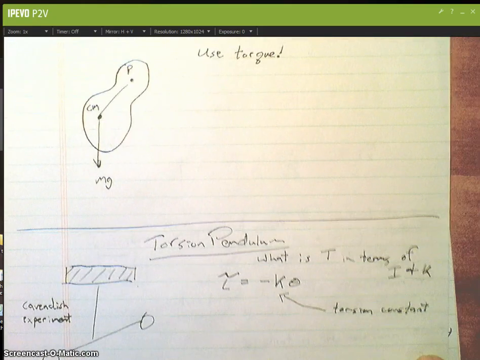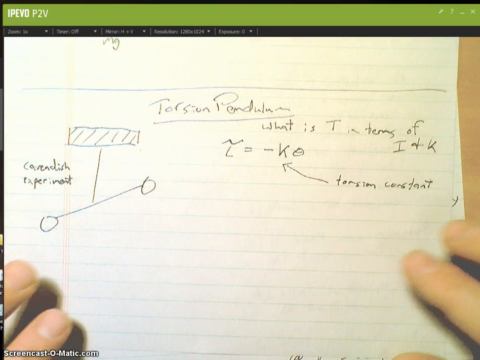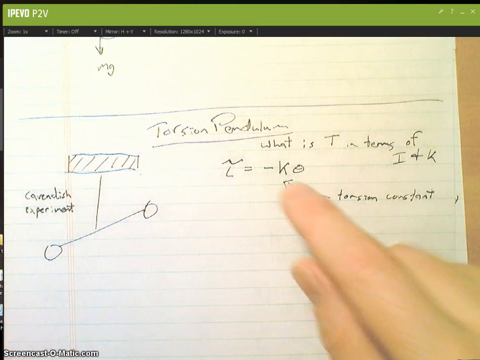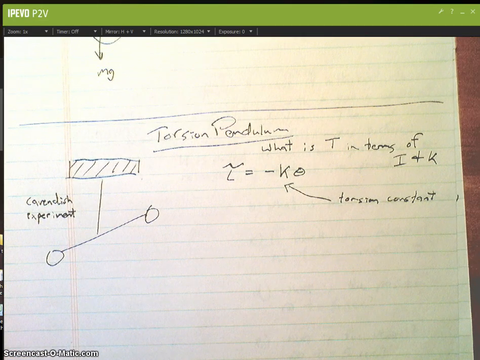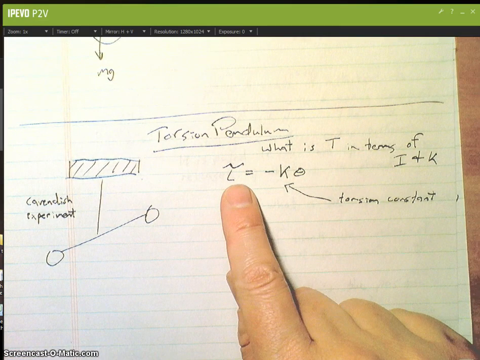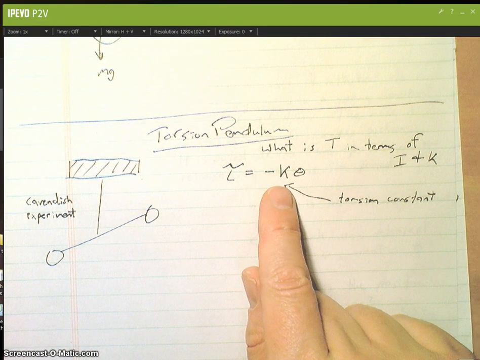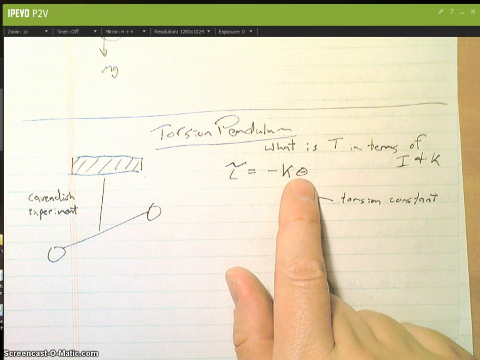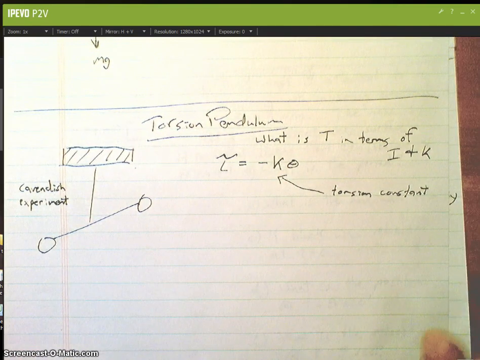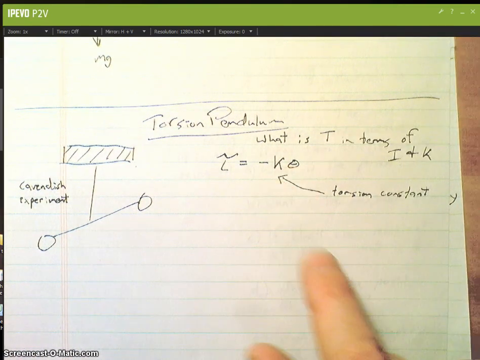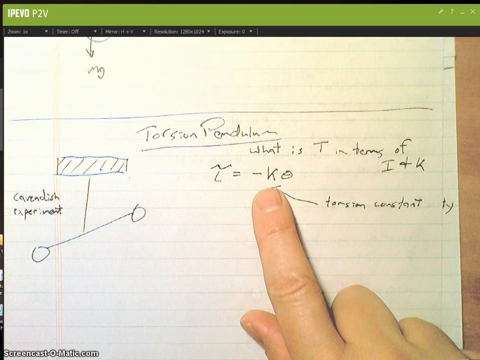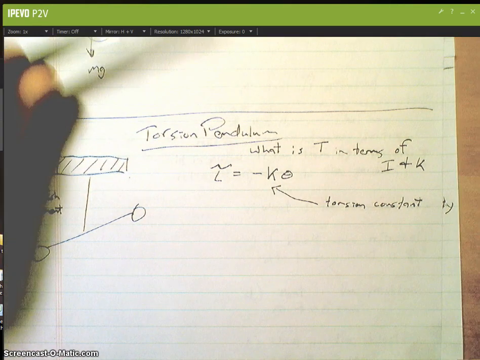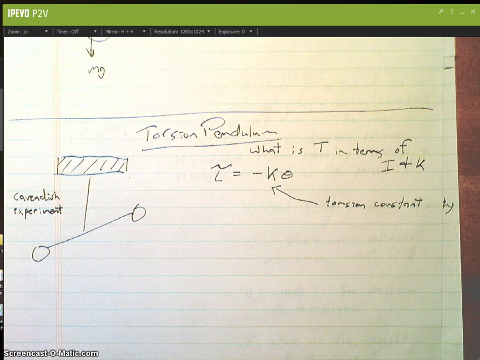And here's the second situation, a torsion pendulum. Find the period in terms of I and kappa. This time torque is equal to minus kappa theta, where kappa is the torsion constant. So this is the equation that you're going to start off with. In both cases you're using torque is equal to I alpha.